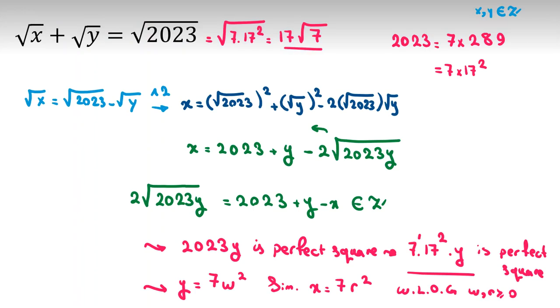So let's replace. We know root x plus root y equals root 2023, which we said equals 17 root 7. Okay, here we said y equals 7w squared and x equals 7r squared.